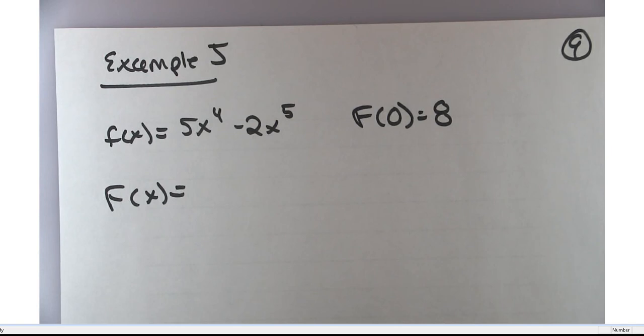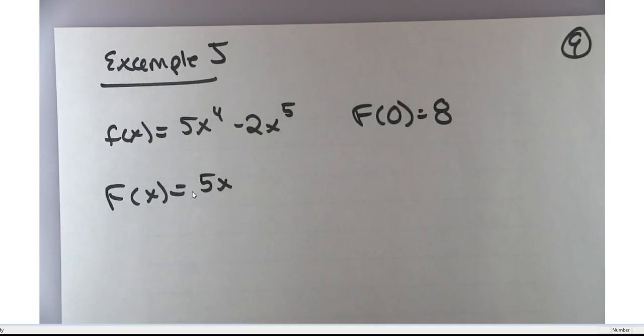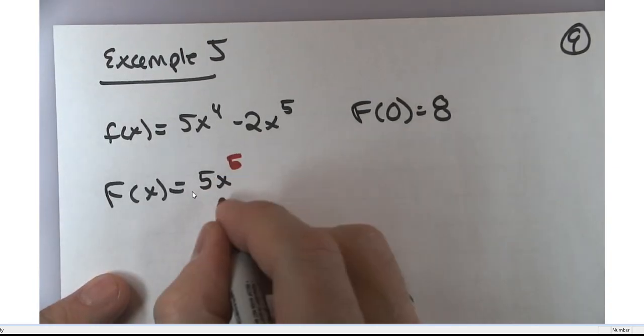And if you looked on D2L, there's actually a link that you can follow to all this stuff. All right, so if we add 1 to the exponent, we end up with an x to the 5th power here divided by 5.